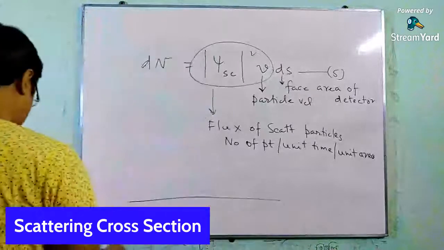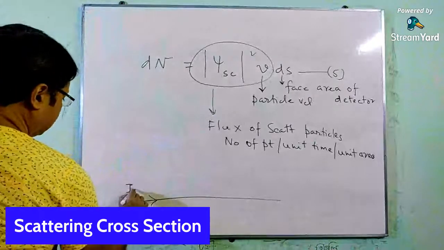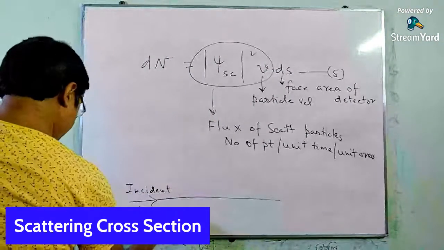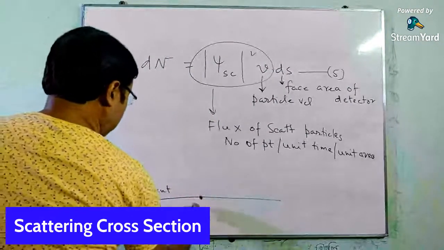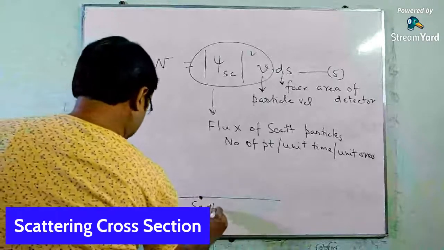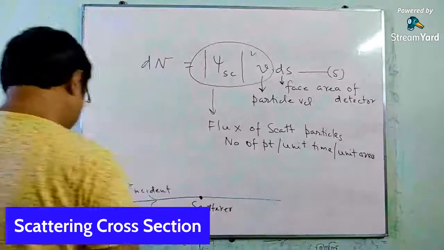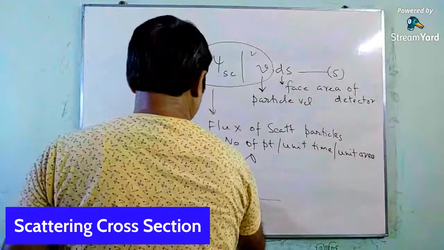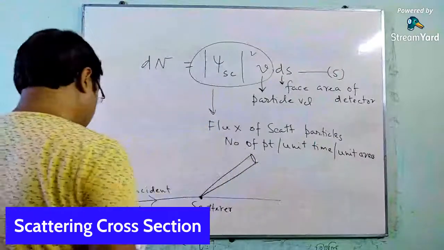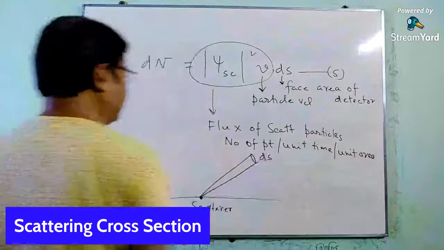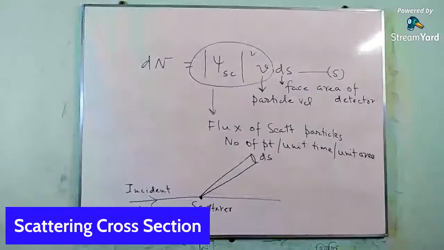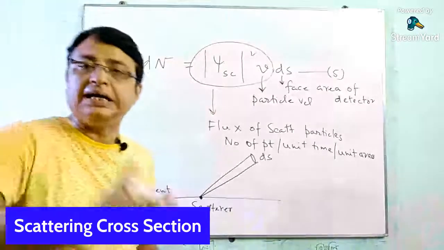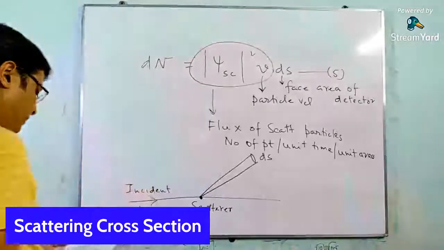This is the incident beam, this is the target or the scatterer, and this is the face area ds of the collector, the detector which actually collects these scattered particles.